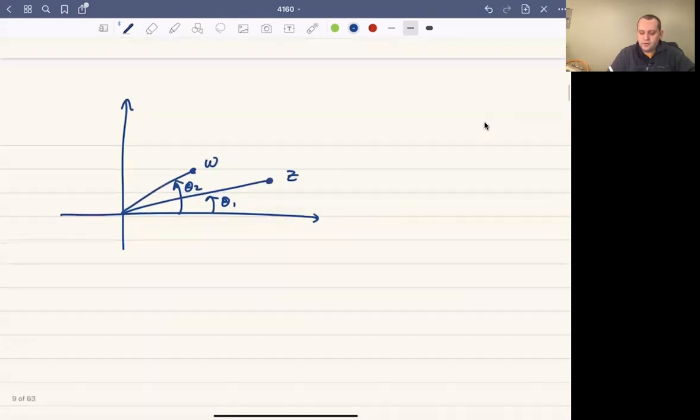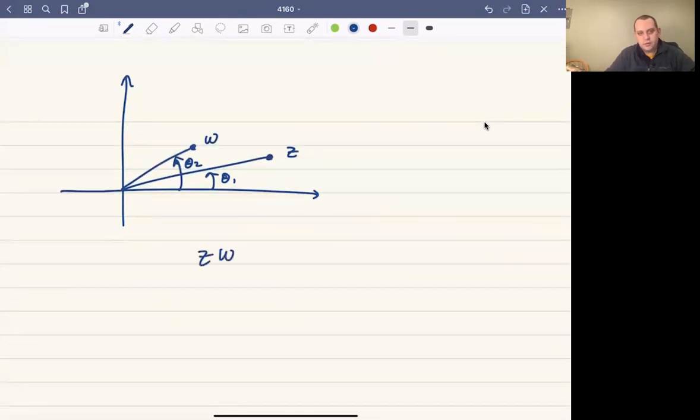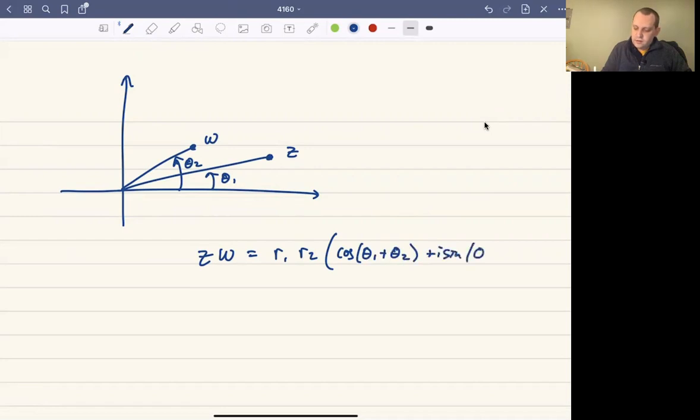And so it turns out that if you were to compute z times w, what you would get would be the product of the two moduli, r1 and r2, so that's the length of that segment from the origin to those points z and w, times cosine of theta 1 plus theta 2 plus i sine of theta 1 plus theta 2. In other words, what you would get would be some other number, maybe something like here.